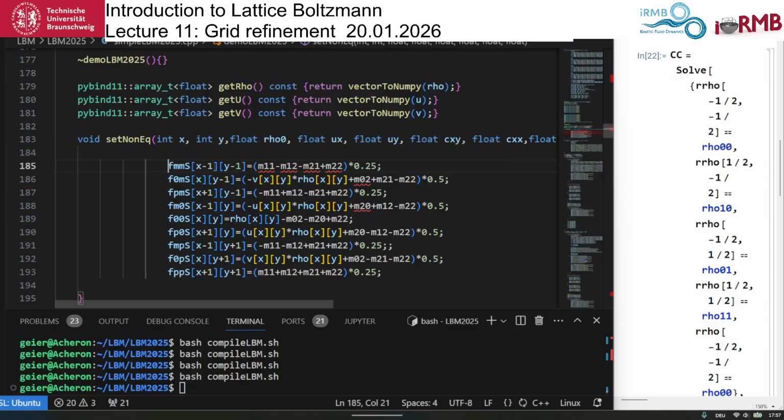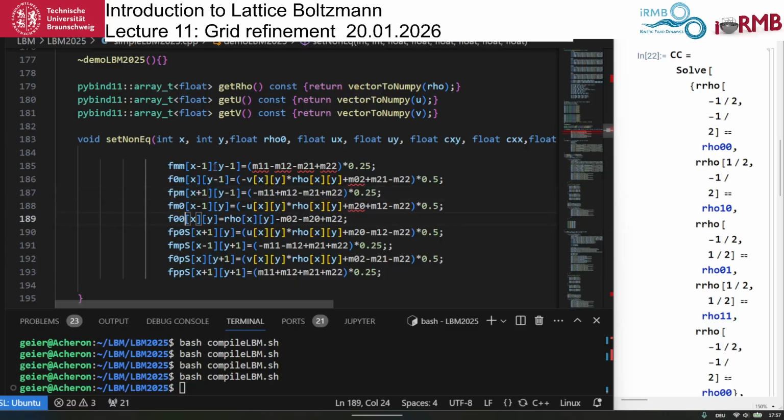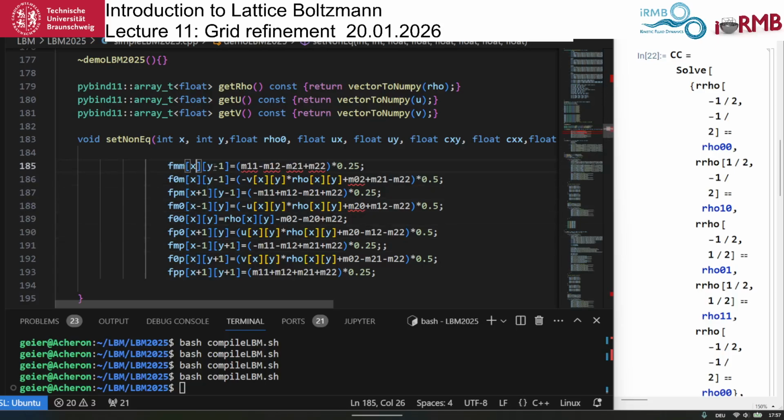So this sets the post-collision state. Not good. We want to set the pre-collision state. Yeah. So the post-collision state is the one with the S for star. Yeah. So let's get rid of this. And also we don't want to move this.